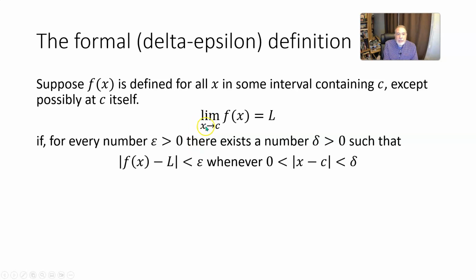The limit as x approaches c of f of x equals the number L if for every number epsilon greater than 0, there exists a number delta greater than 0, such that the absolute value of f of x minus L is less than epsilon whenever 0 is less than the absolute value of x minus c is less than delta.